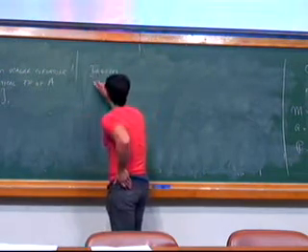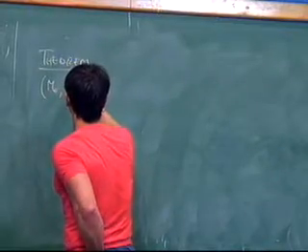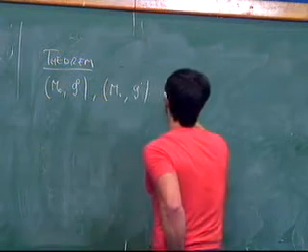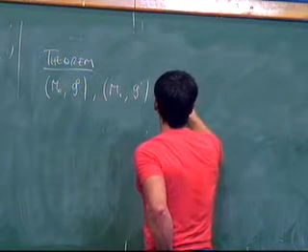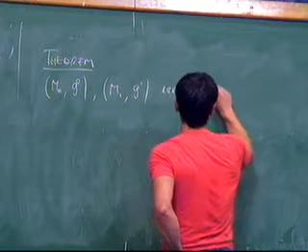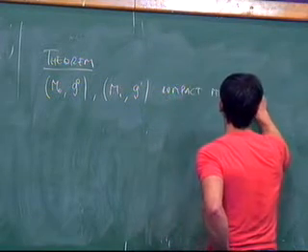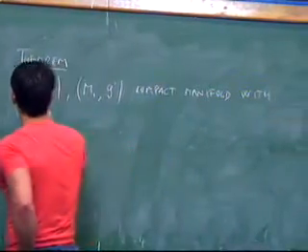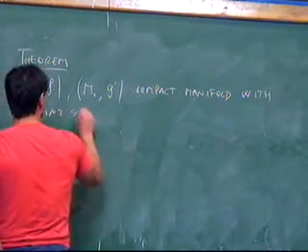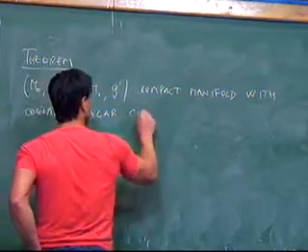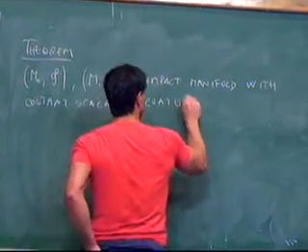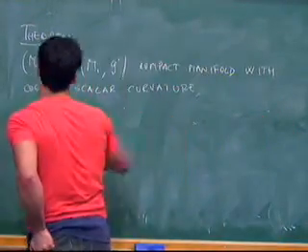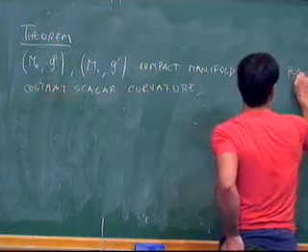Suppose that you start with (M0, g0) and (M1, g1) to be compact manifolds with constant scalar curvature, say positive for the moment.